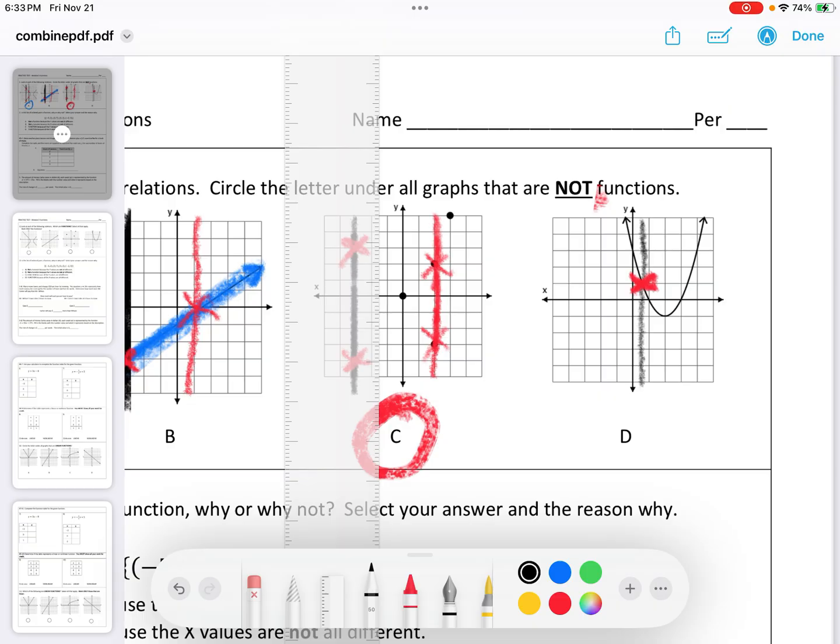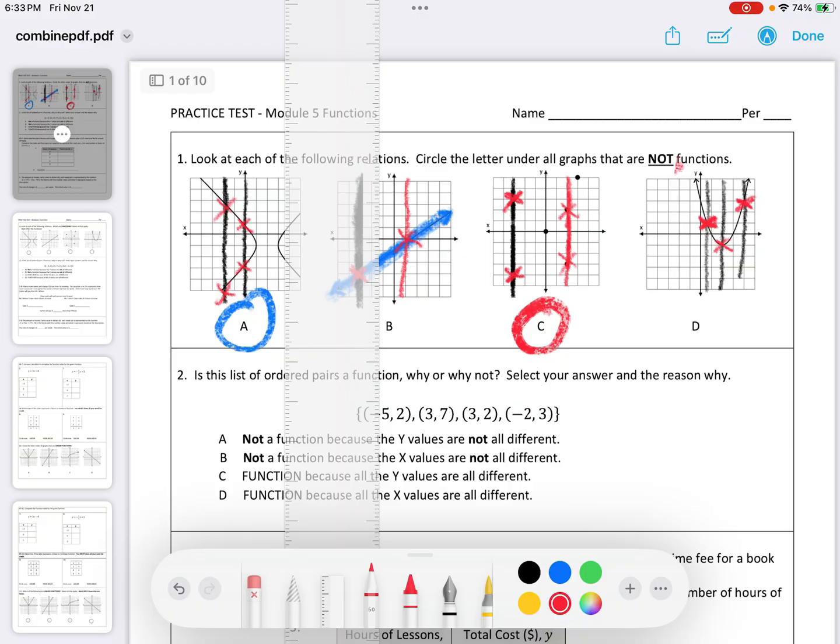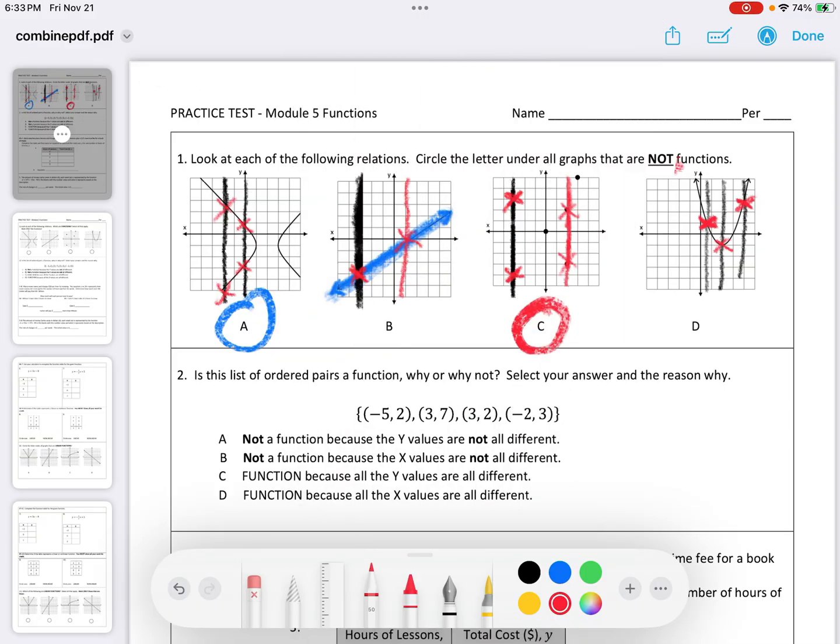What if I do a line here? Well, that also only hits in one spot. So any vertical line on this particular graph does not hit twice. So 2 of these were functions and 2 of them were not. That was really fun. Thank you, Ruler.